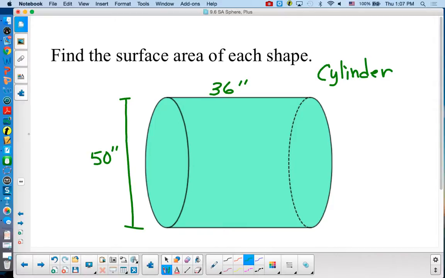So it's on the left-hand brown poster, the one that has the pies, the surface area. So it's 2 pi r squared, because there's 2 circles, plus 2 pi rh. Radius is 25.